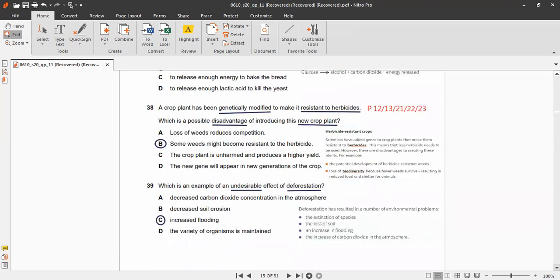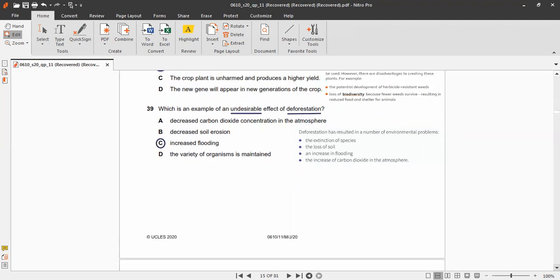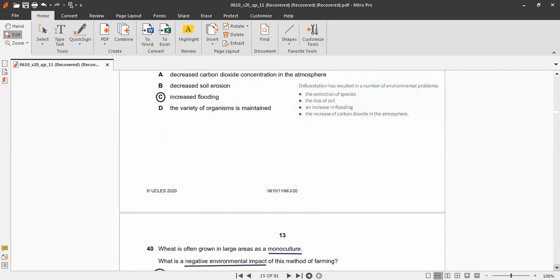Which is an example of an undesirable effect of deforestation? Yes, increased flooding, because deforestation has resulted in a number of environmental problems: extinction of species, loss of soil, an increase in flooding, and an increase of carbon dioxide in the atmosphere. So the correct answer C, increased flooding.